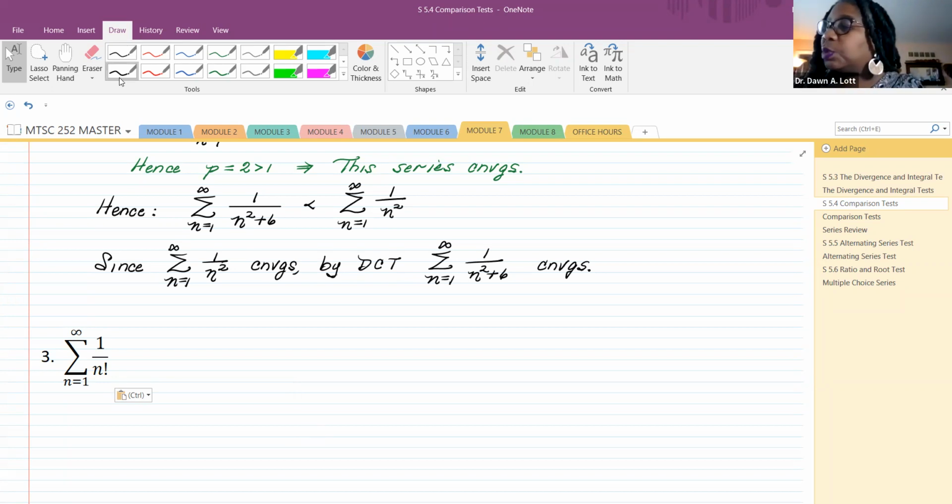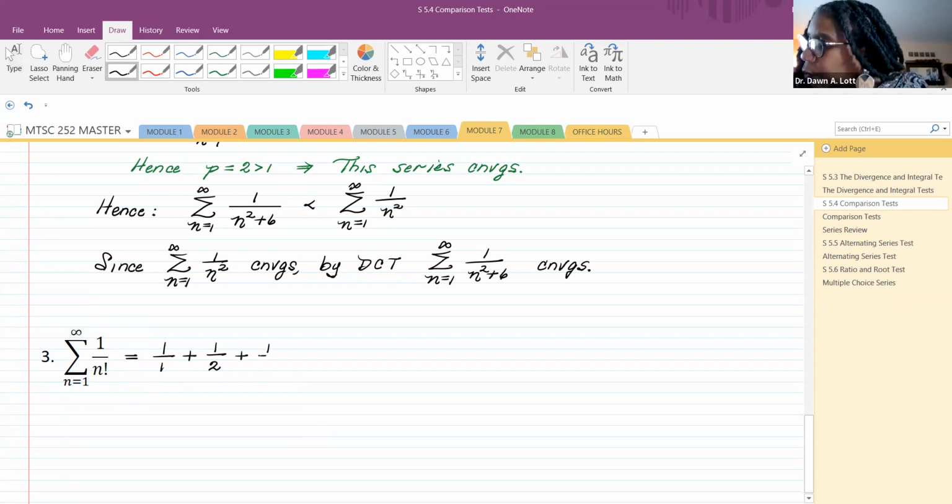So I'm going to write this one out. So it's 1 over 1 factorial plus 1 over 2 factorial plus 1 over 3 factorial plus 1 over 4 factorial, 1 over 5 factorial. Is that right?